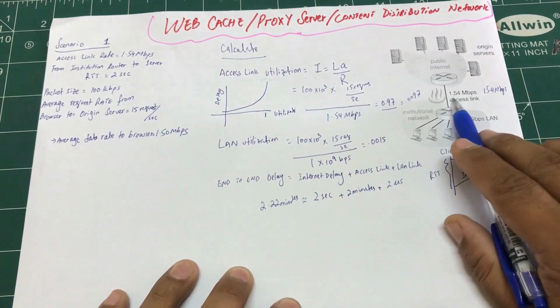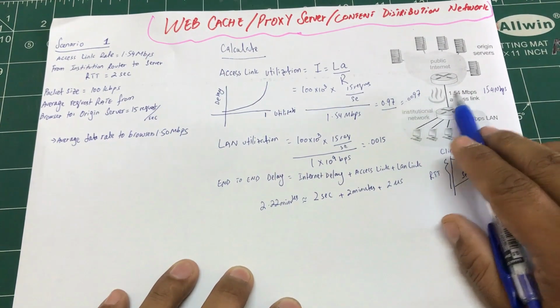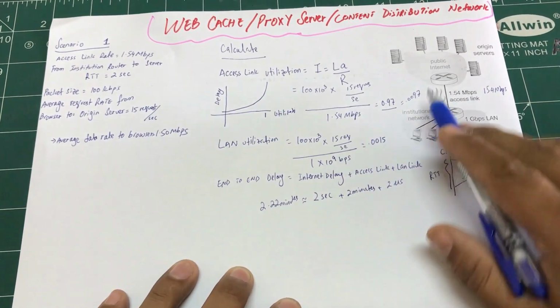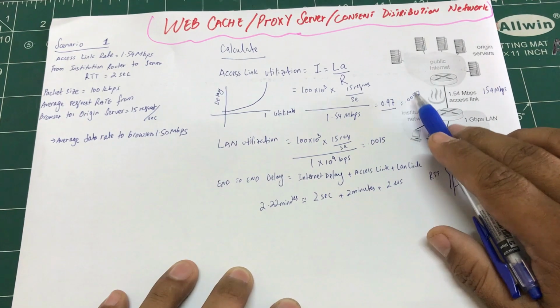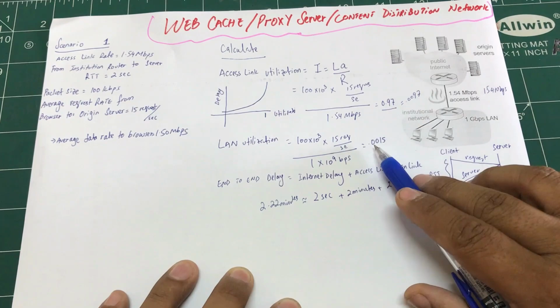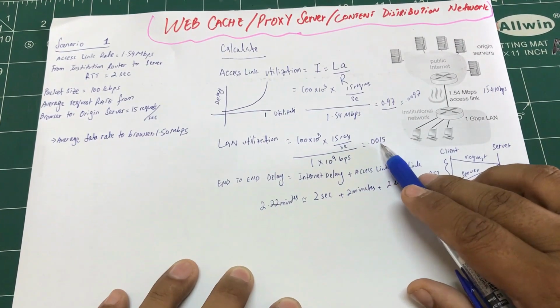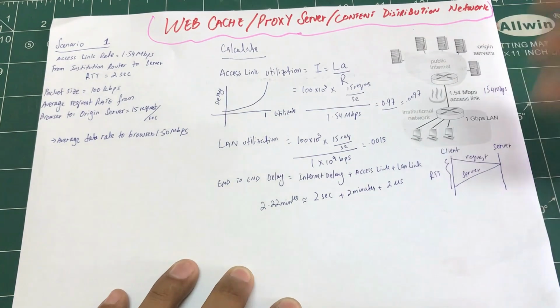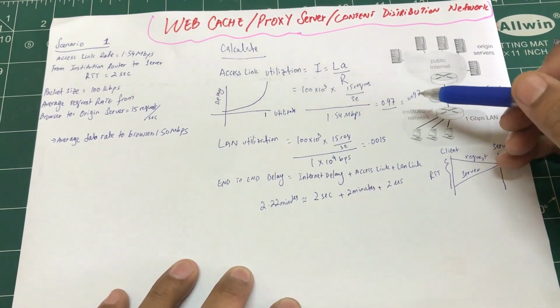So this is now 100 times what we used to have, and this delay is now 0.0097. This will remain unchanged. So now my utilization here is 0.97%, and here my utilization is 0.15%.